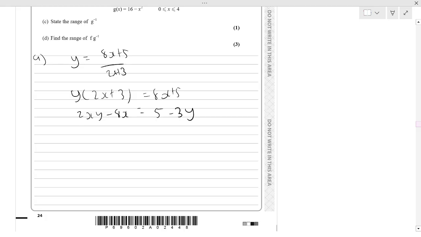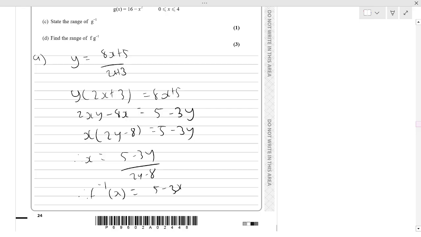Then I'm going to factorise x: x(2y minus 8) is 5 minus 3y. Therefore, x is (5 minus 3y) over (2y minus 8). Therefore, substituting in, your inverse is (5 minus 3x) over (2x minus 8). That's 2x, sorry, that was y. And that's your inverse.